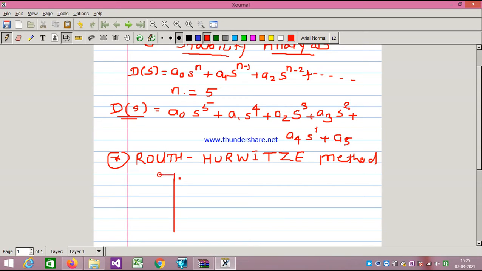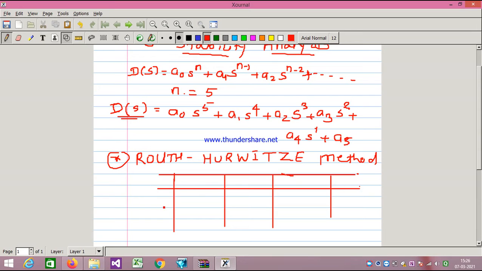The table is like this. See, here we use the highest degree, that is s raised to 5.